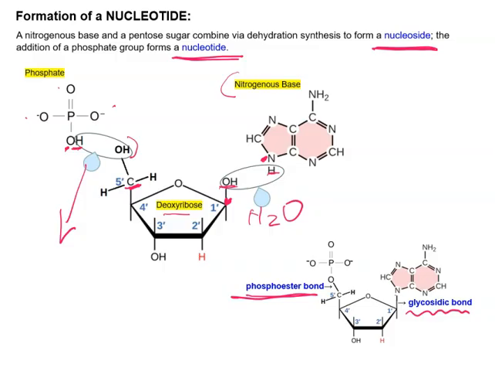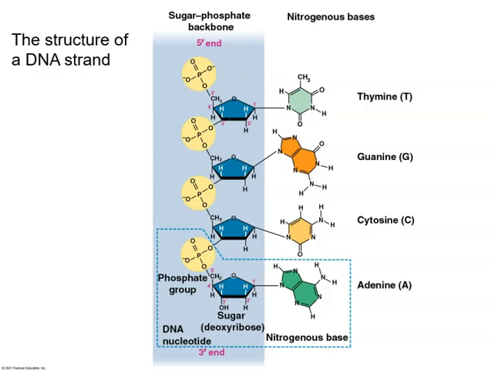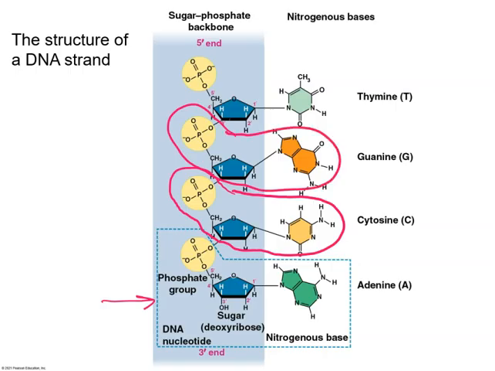So now we know that DNA is not a single-stranded molecule. It's double-stranded. But what does it look like when we link up those nucleotides? We get one strand. You can see one nucleotide is already enclosed in this box. I'm going to draw another one and circle it for you. Phosphate, sugar, and the base. Here's another one: phosphate, sugar, and the base.